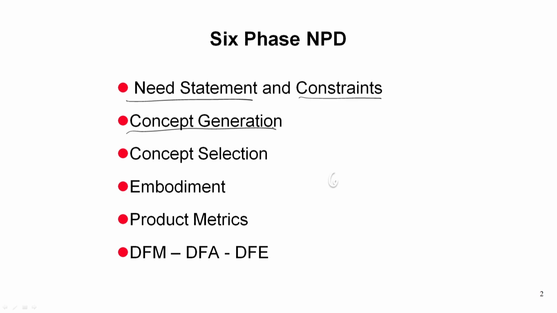Now, after the concepts are generated, you have to select the concepts, and naturally we try to select the concepts which have some uniqueness in them. And then later on in this course, we will look into the embodiment, some product metrics, and then certain techniques called design for manufacturing, design for assembly, and design from the failure point of view, it is failure proof, etc.